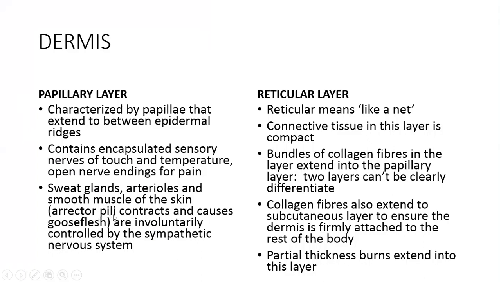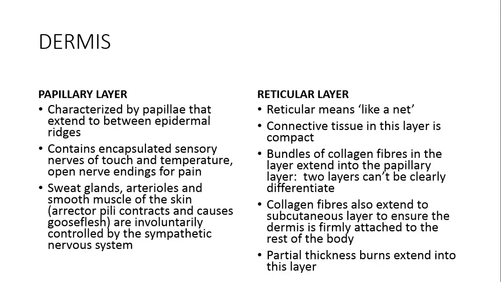So the arrector pili is the smooth muscle that contracts and causes goose flesh. The second layer of the dermis is the reticular layer, and reticular means it's like a net. The connective tissue in this layer is very compact, and bundles of collagen fibers in this layer extend into the papillary layer.